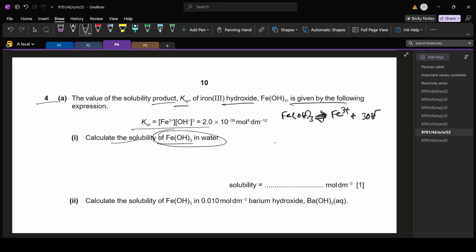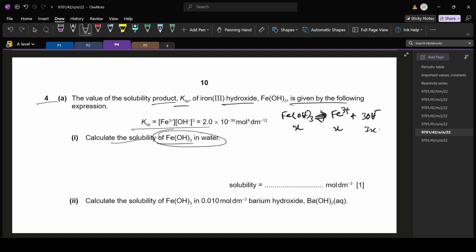If the concentration of iron 3 hydroxide is x, then x moles of iron 3 ions will form, and 3x moles of OH ions will form.